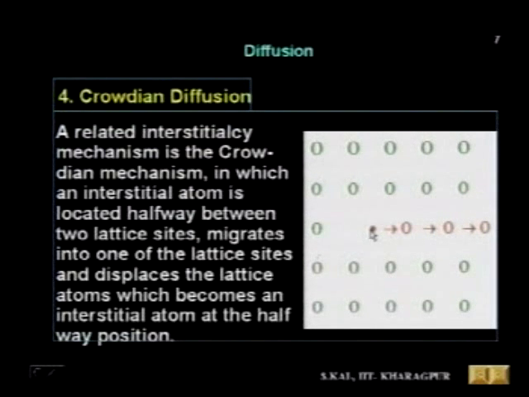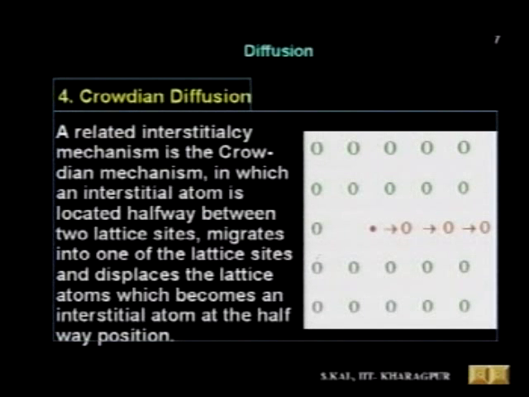It migrates into one of the lattice sites and displaces the lattice atom, which becomes an interstitial atom at the halfway position. That means it is another form of interstitialcy mechanism. Only the movement is from one halfway position to another halfway between the lattice points. That is the difference. Okay.